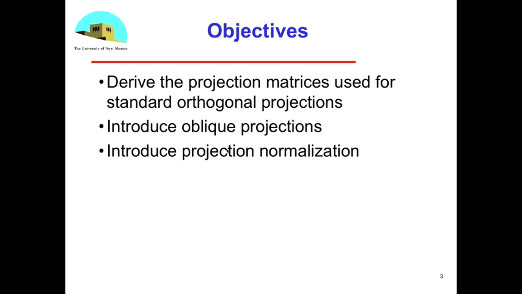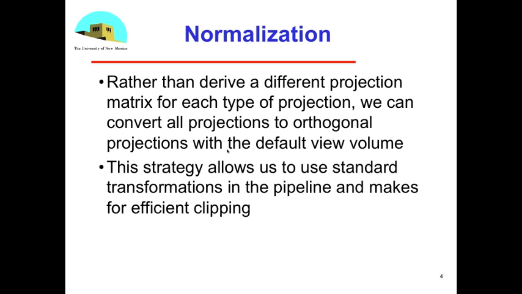So I can distort the objects so that the distorted objects, used with this standard projection, will give me what I really want, because we're not going to see the distorted objects. This idea is very, very powerful. It also affects clipping further down the pipeline, making clipping very, very simple to do.